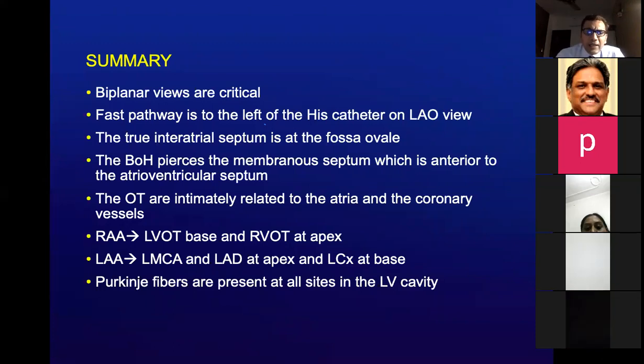And finally, there is no known distribution of Purkinje fibers within the left ventricle, and they are present at all sites within the left ventricular cavity without any described distribution or bifurcation patterns.